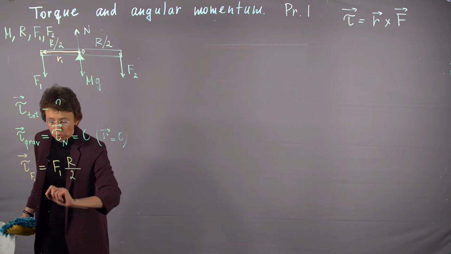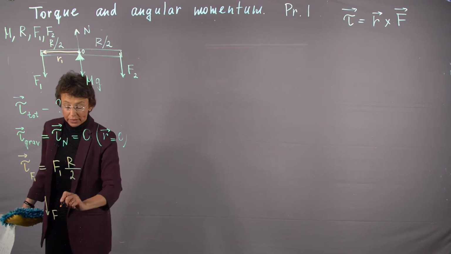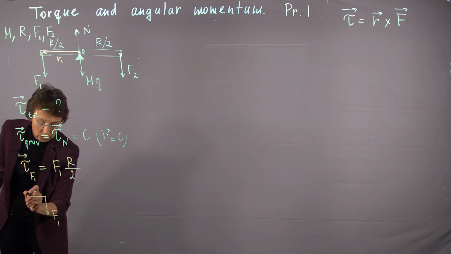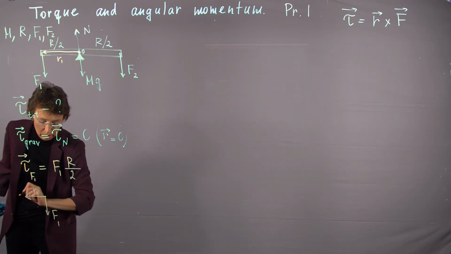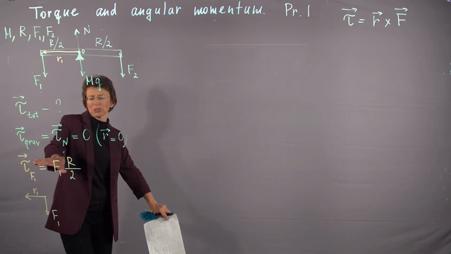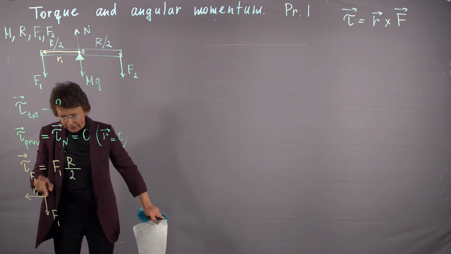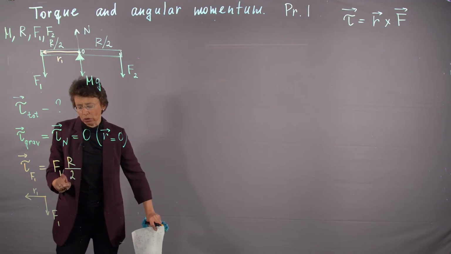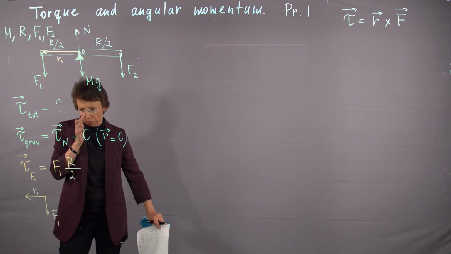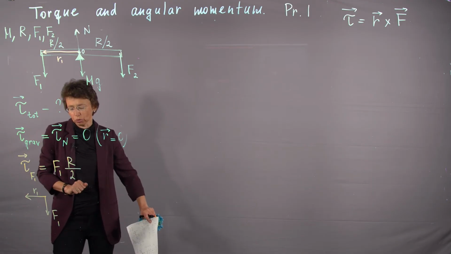To find the direction, we always bring these 2 vectors to start from the same point. This is F1. R1 is to the left. Now you use your right hand, and I use my left hand because you see my mirrored image. Let's narrow down our choices: either into the board or out of the board, because torque is a cross product, perpendicular to the plane of the original 2 vectors.